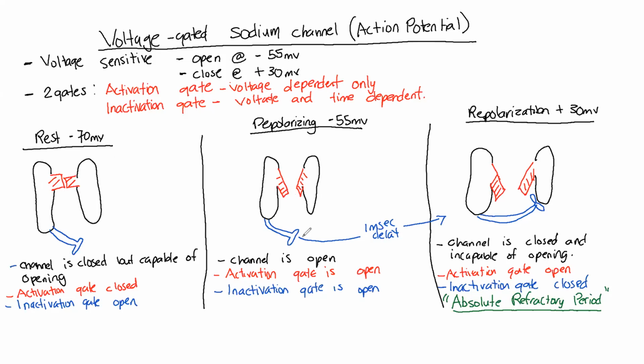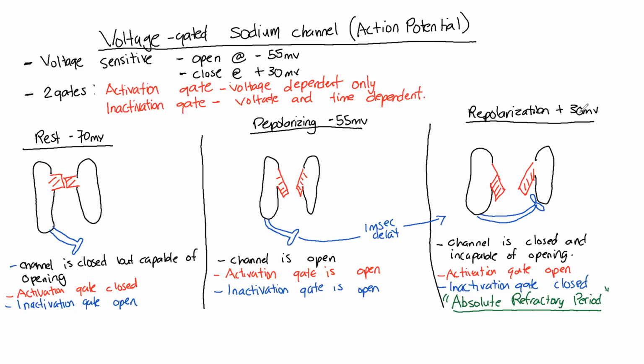The inactivation gate is already open, but that 1 millisecond signal is sent to close it after that time has expired. So here the activation gate is open, the inactivation gate is open, sodium is actively rushing into the cell, and that's what's creating this upward stroke from -55 all the way up to +30.